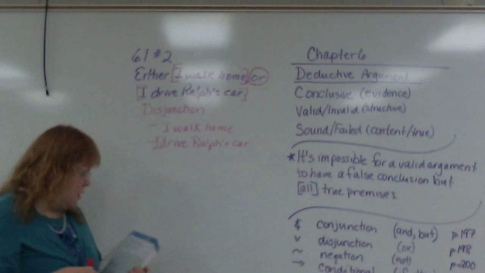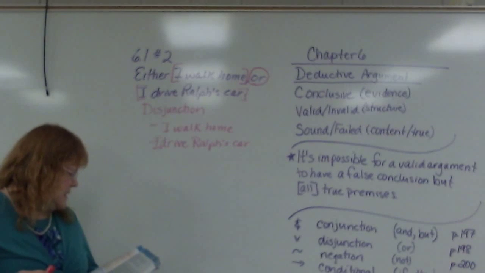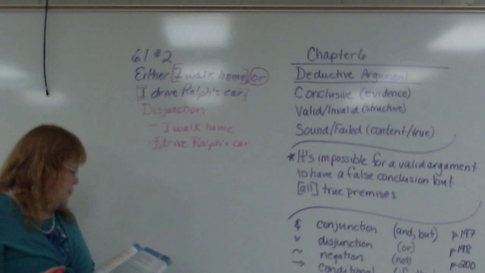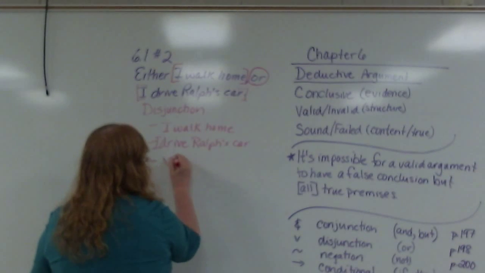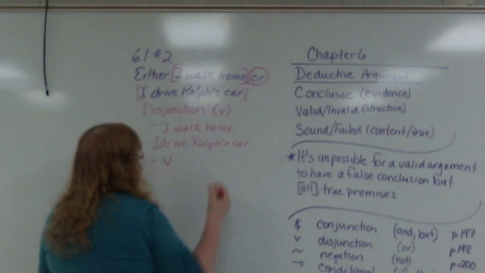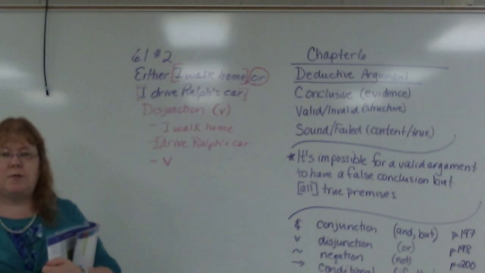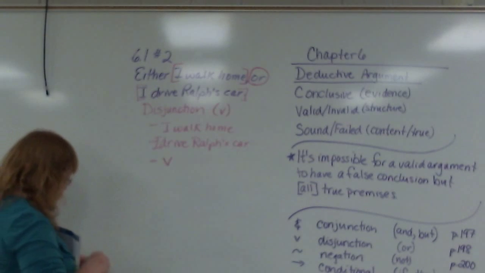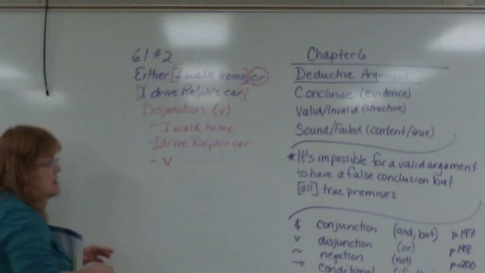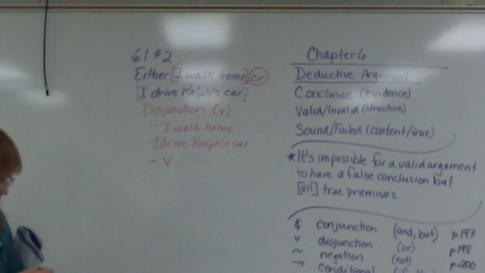Those are my two components. It says indicate the symbol used to represent the connective. It's a V, the little wedge. Lowercase v is how we type it on the computer. Easy peasy, right? So do your other ones in 6.1 that way.